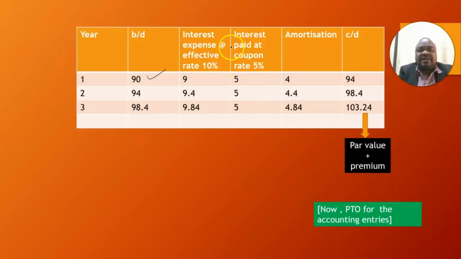Now, the interest expense, which is the effective rate, that is 10% of 90 becomes 9, and the interest, which is based on the coupon rate, which was 5%, multiplied by 100 million, and we come to 5 million. Good. Now 9 minus 5, that's 4, which is the amortization, and we come to 94.